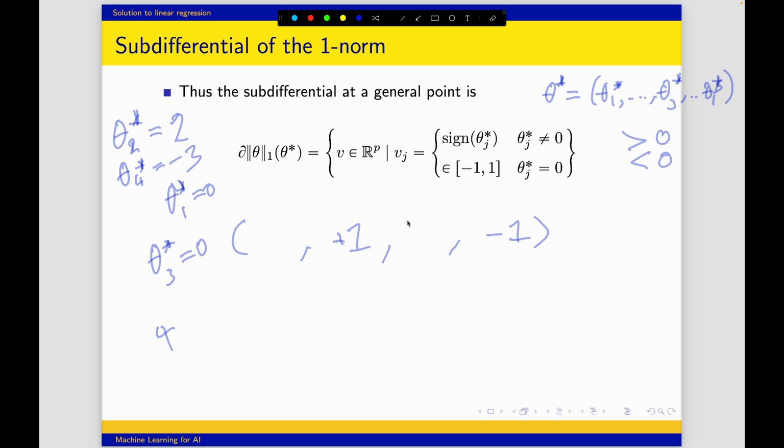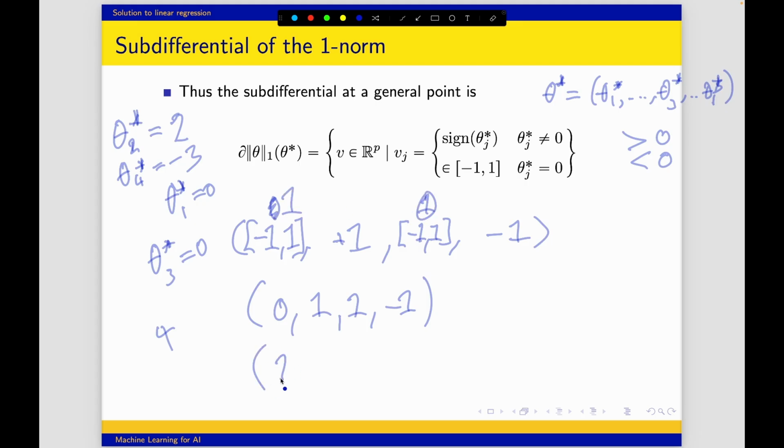And here, any number between -1 and 1. And here, any number between -1 and 1. So for example, we can pick 0 here and 1 here, and then this 1, 1, and -1 is a valid subgradient. Now we can also pick 1 here and 0 here, so this 1, 1, 0, -1 is also a valid subgradient.